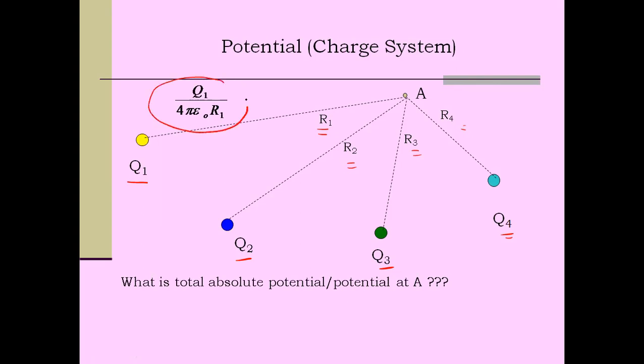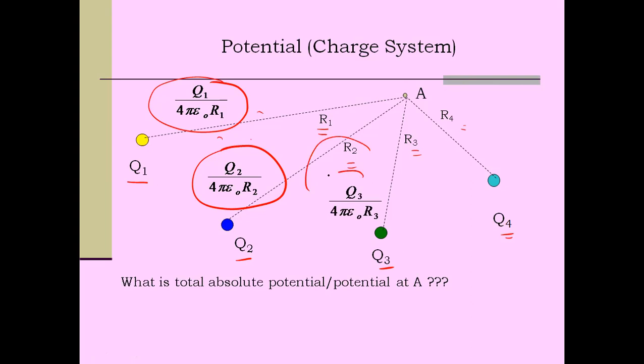Then the potential at point A due to charge Q2 is given by this equation. It just depends on the distance from the charge to point A. The same applies for the potential at point A due to charge Q3, and finally the potential at point A due to charge Q4 is based on this equation. We just need to know the distance from a charge to the point of interest.